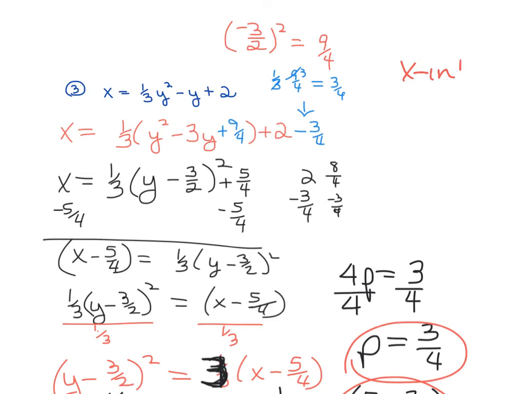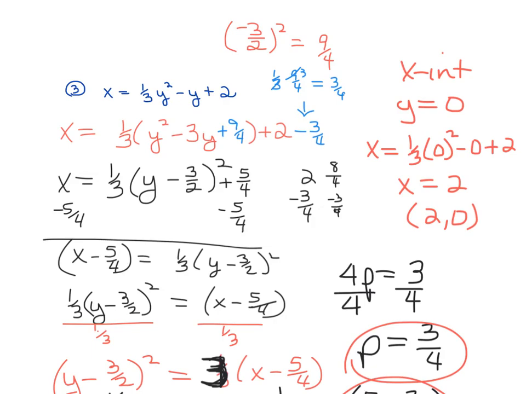So x-intercept, I'm going to let y equal 0. So x equals 1/3 times 0 squared minus 0 plus 2. So x equals 2. So my x-intercept is going to occur at the ordered pair 2, 0.